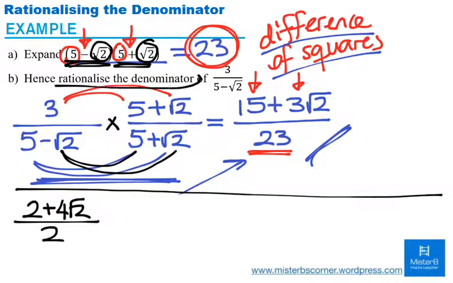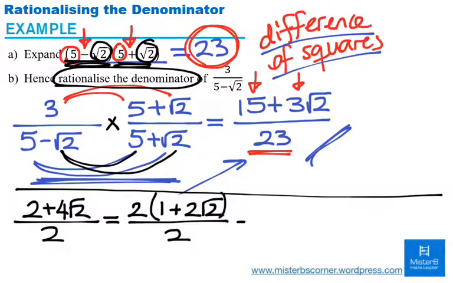After your rationalizing the denominator work, your answer comes up like this. So that's what you need to do. You're going to take 2 out, so it's going to be 1 plus 2 root 2 over 2. And you can now simplify this 2 and this one, and you can actually write down an expression without the denominator. So it's going to be 1 plus 2 root 2.